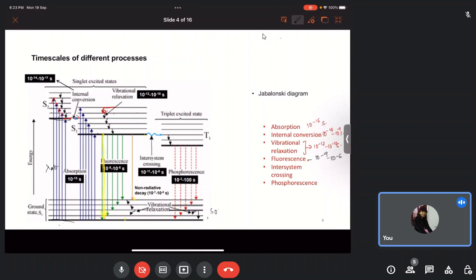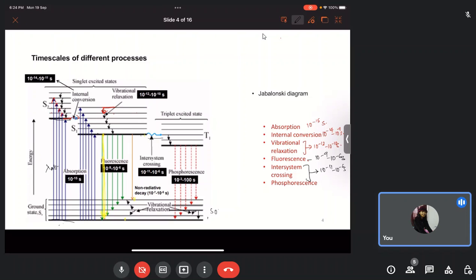At times, the electrons in the molecule, in the lowest vibrational energy level of the first excited state, can go to triplet states by a process called intersystem crossing, which is denoted by another blue arrow, and it is in the time scale of 10 to the power minus 11 to 10 to the power minus 6 seconds.